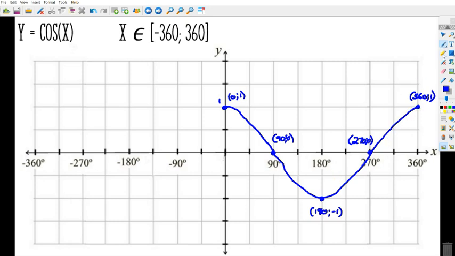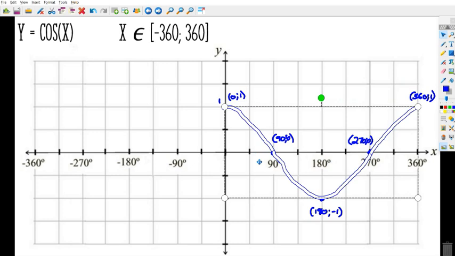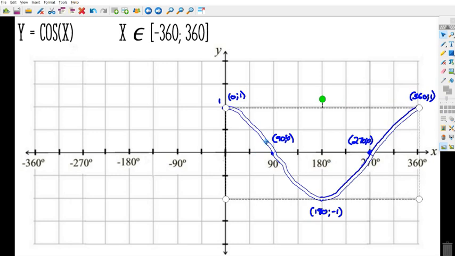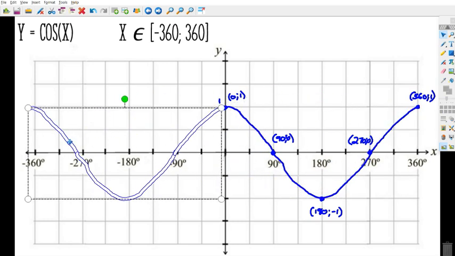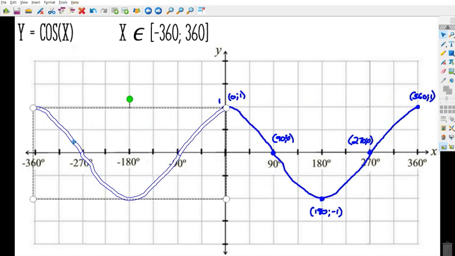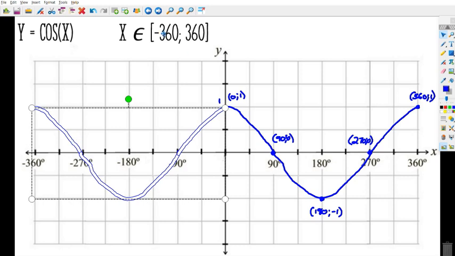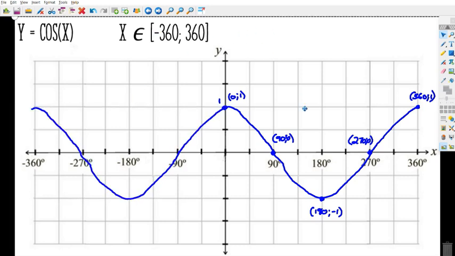Now I'm going to copy and paste this over here, and move it down at the back, because I've got a domain of negative 360 to 360. The top point over there is negative 360 and 1.